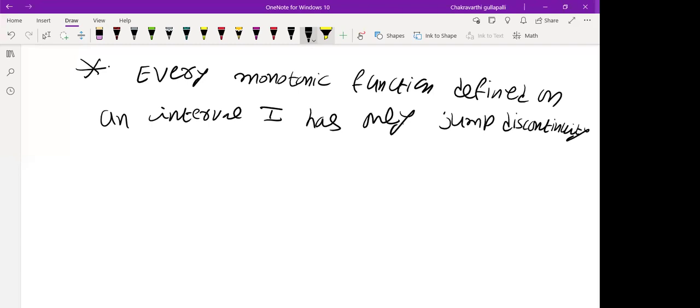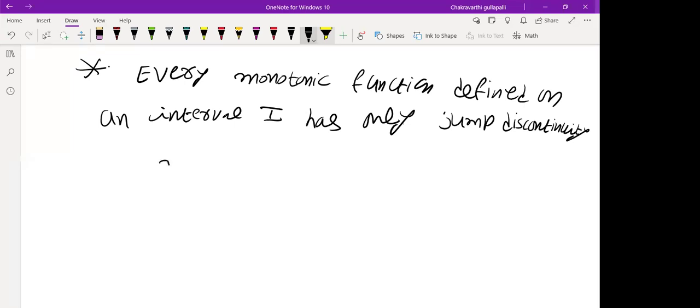It cannot have discontinuity of the second kind or anything like that. Whatever may be the interval, if it is a monotonic function, every monotonic function defined on the interval will have only jump discontinuity. It cannot have other discontinuities. Very important result.